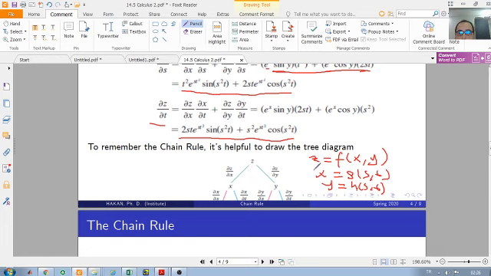Another example, so we have a function of three variables. u is given actually f of x, y, z, where the intermediate variables, because they are also functions of three variables, x is given as r times s times e to the power t.